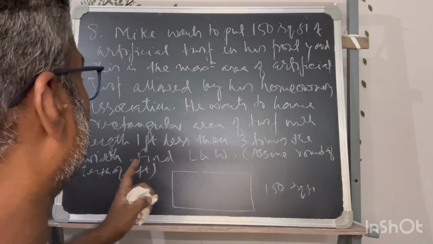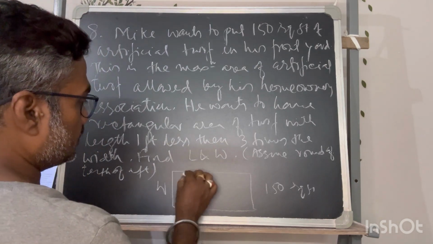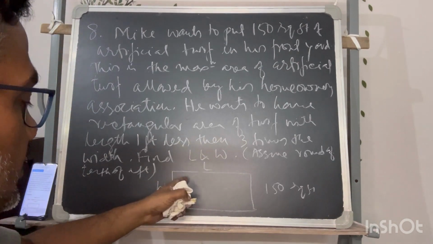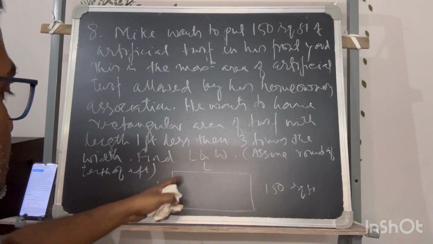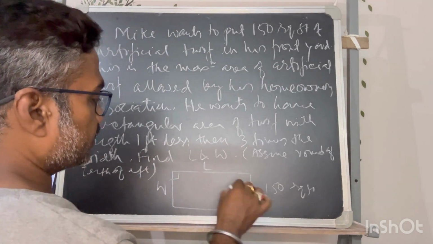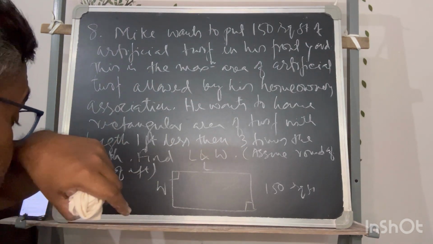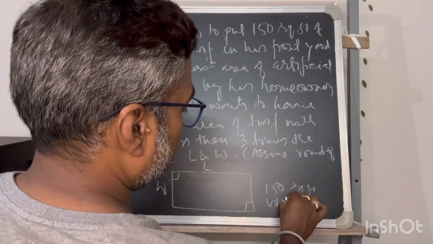He wants to have a rectangular area. So there is a width and a length. It is a rectangle, so opposite sides are equal and they are perpendicular to each other. This is by the definition of a rectangle. Now, this is the maximum area, and definitely width into length.